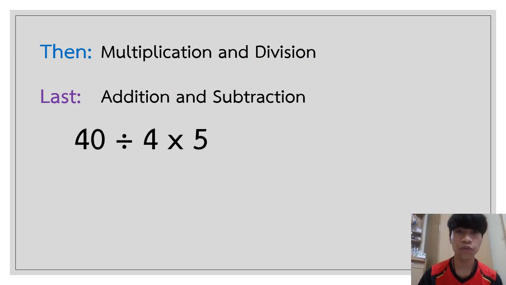Okay. If you get the problem 40 divided by 4 times 5, do you see? The multiplication and the division are in one problem.